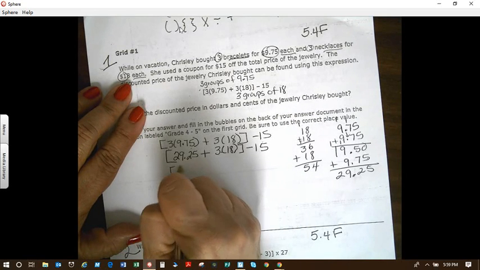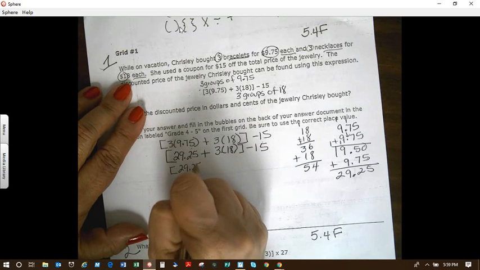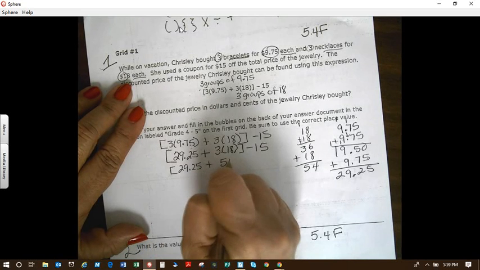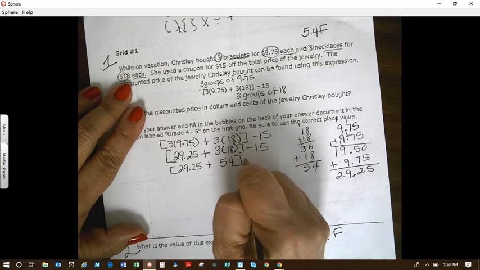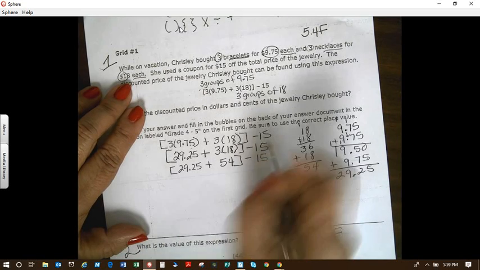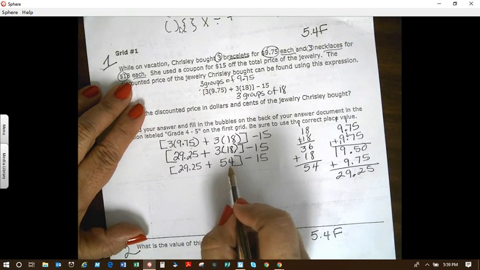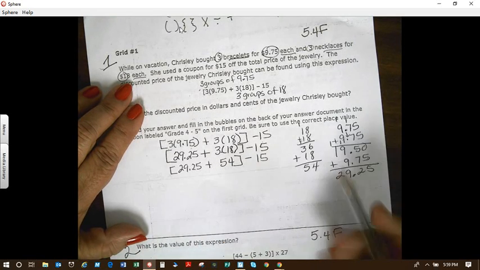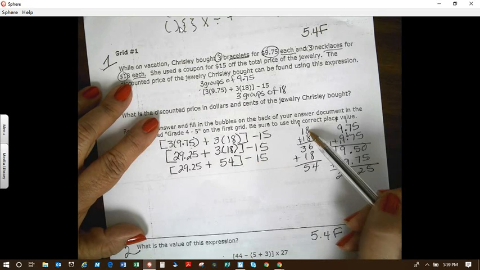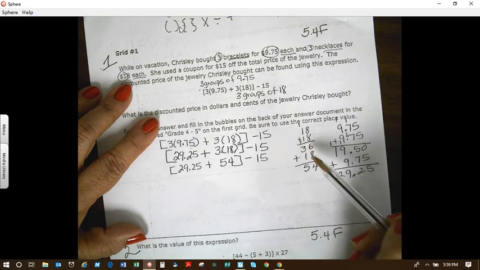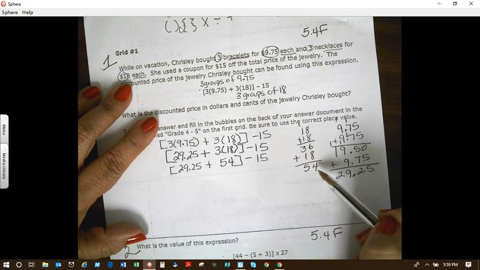So I'm going to bracket my $29.25 plus 54. And that's $54. Those are wholes. I don't see any decimals here, right? There's the imaginary decimal, which means that everything after that is zeros. Now I want to make sure that you're understanding. I had 1 group, 2 groups, that's 3 groups of 18 equal to 54.